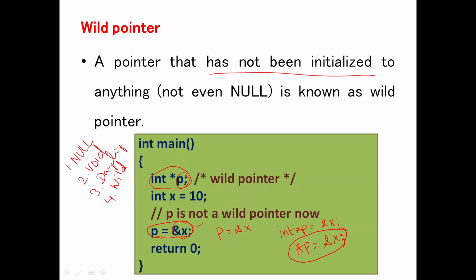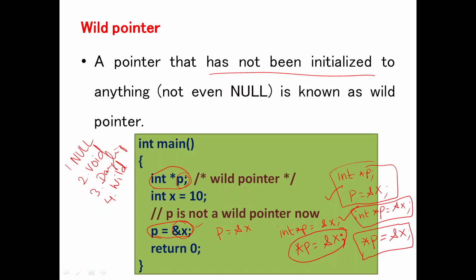We can declare a pointer in one step, then initialize the pointer like this, or we can combine these two steps as int *p = &x. So in this statement we did both declaration and initialization. So these two statements are legal, but we cannot write a statement like *p = &x. So this is an illegal statement.